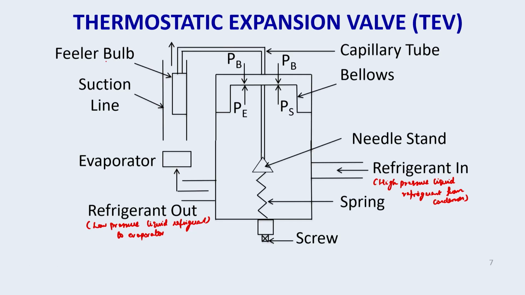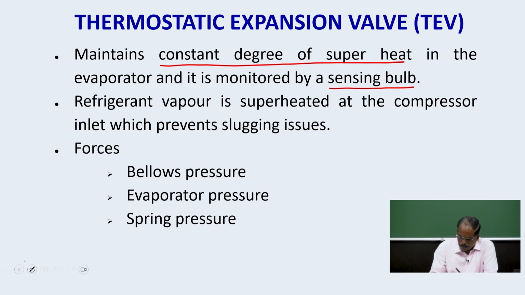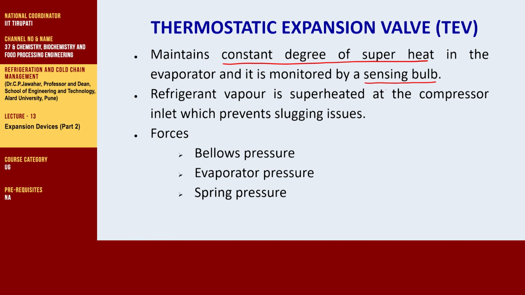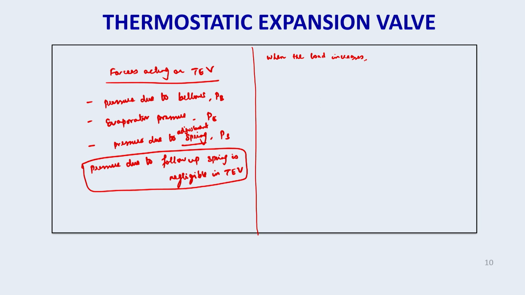So this feeler bulb is used to monitor the degree of superheat. As I mentioned here, the degree of superheat is monitored by a sensing bulb. So let us see what happens when the load increases. When the load increases, the evaporation rate will increase.